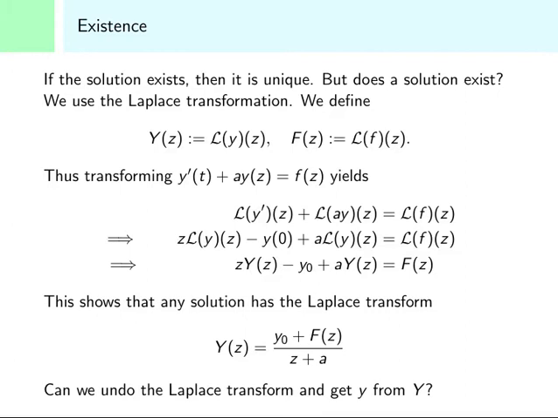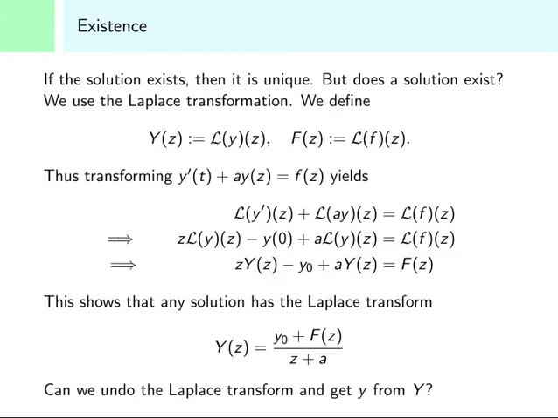The idea is that we apply the Laplace transformation to the entire differential equation, to both sides of the differential equation. Thus, starting with y prime of t plus a y of t equals f of t produces the Laplace transform of y prime at z plus the Laplace transform of a y at z equals the Laplace transform of f at z.